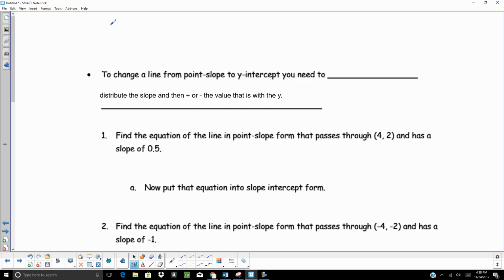So again, I'm going to put that form up here just because it's a good habit to get into, of having that equation written down for you. Y minus y sub 1 equals m times x minus x sub 1.